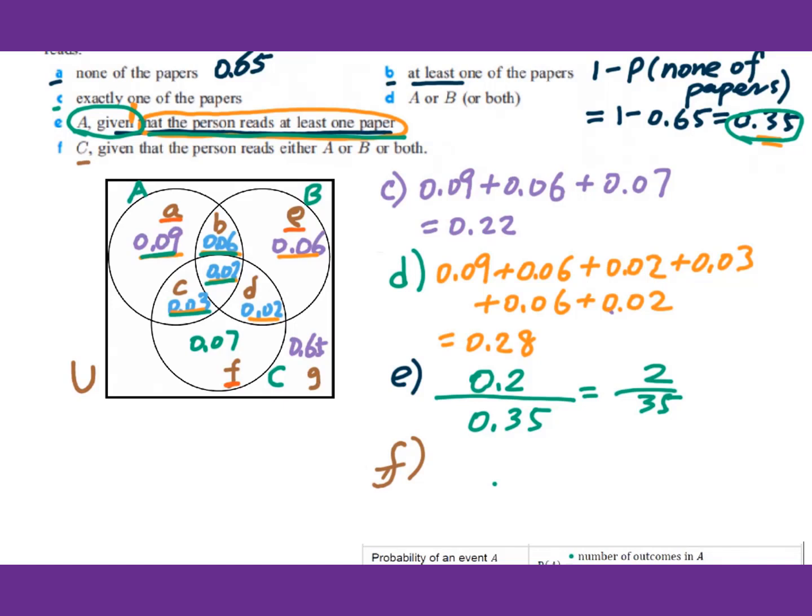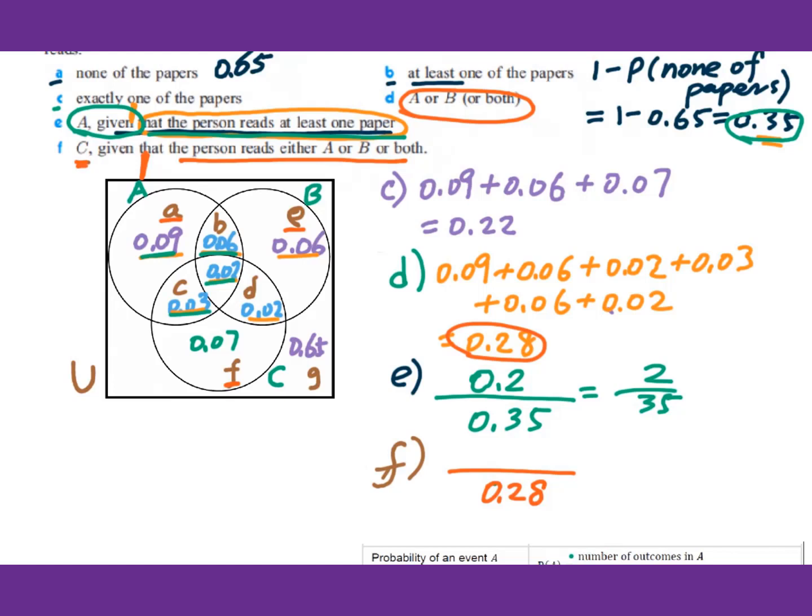C, given that the person reads either A or B or both. This is still a conditional probability, given that. This will be the total. We already figured out from D, so D, 0.28, will be the denominator. Among A or B, we're looking for C. How many C in A or B?